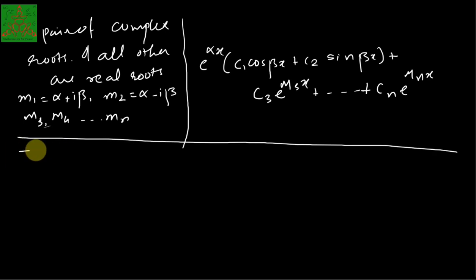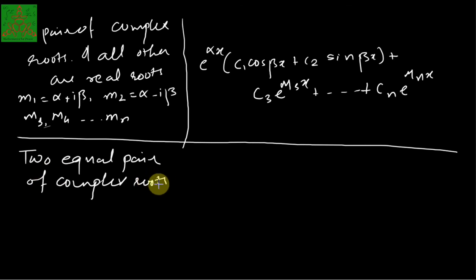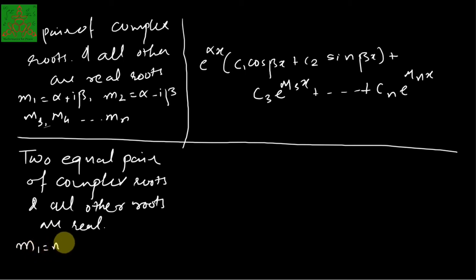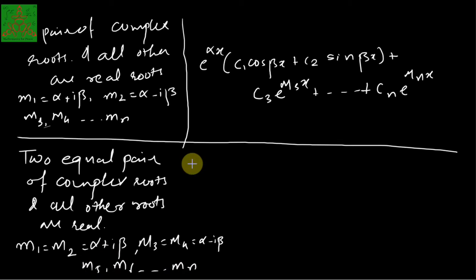The next and the last one is that if two equal pairs of complex roots are there and all other roots are real. In that case, m1 is equal to m2 is equal to alpha plus i beta, and m3, m4 are alpha minus i beta, and m5, m6 up to mn are all real roots.